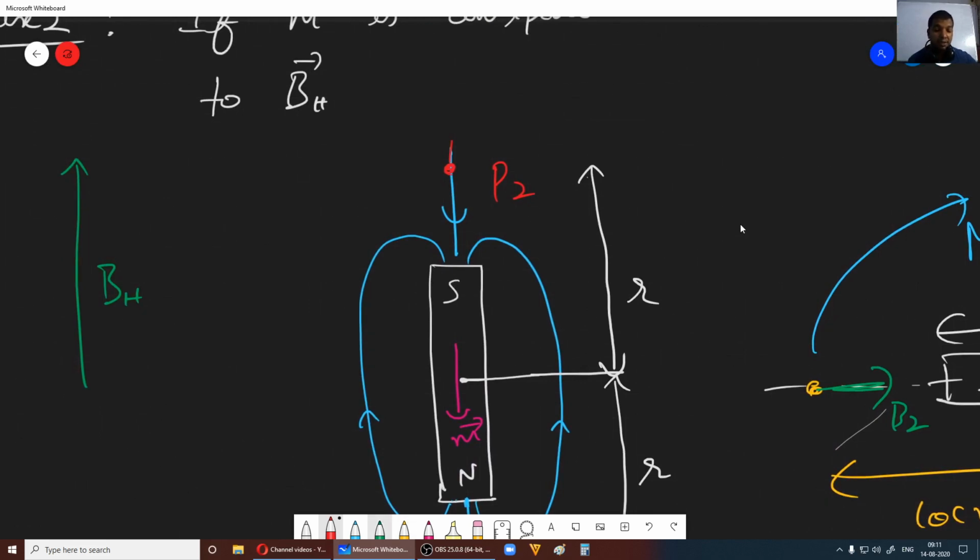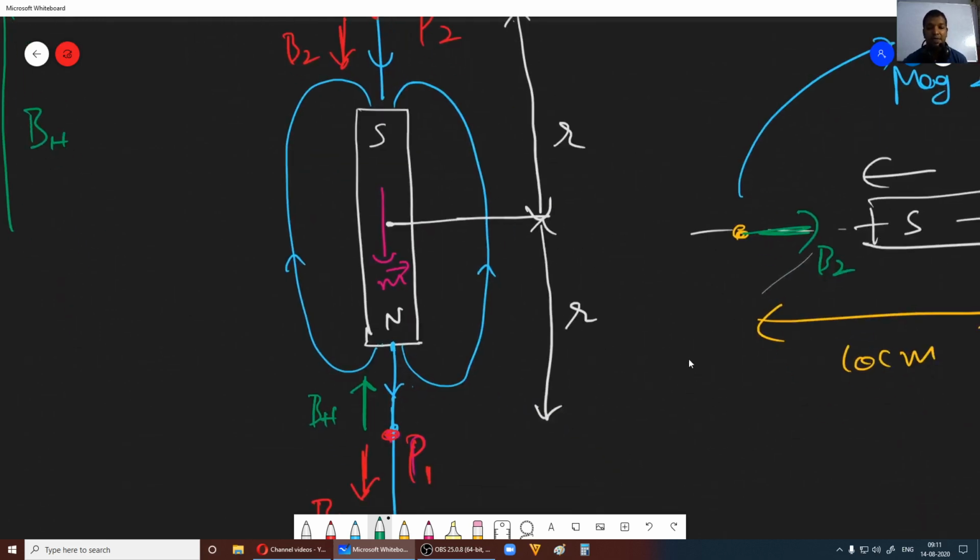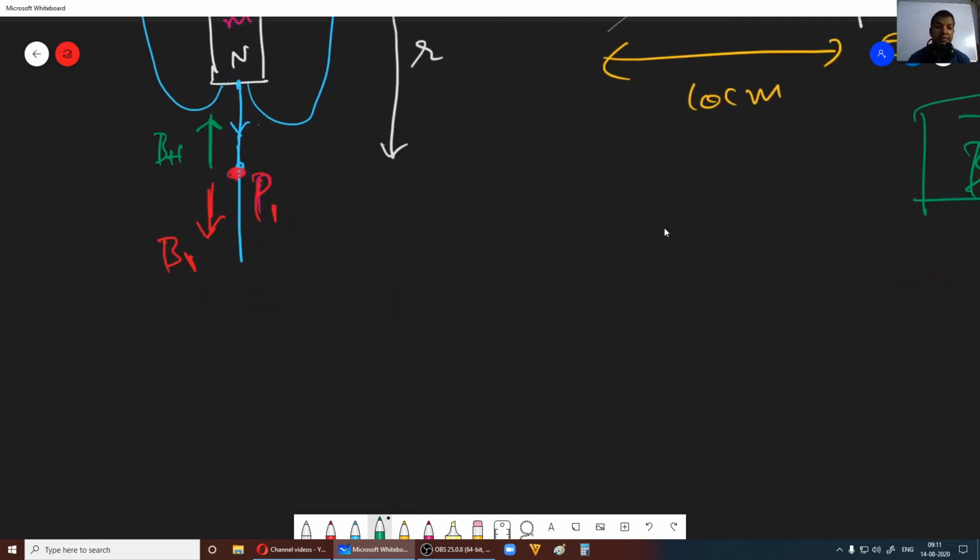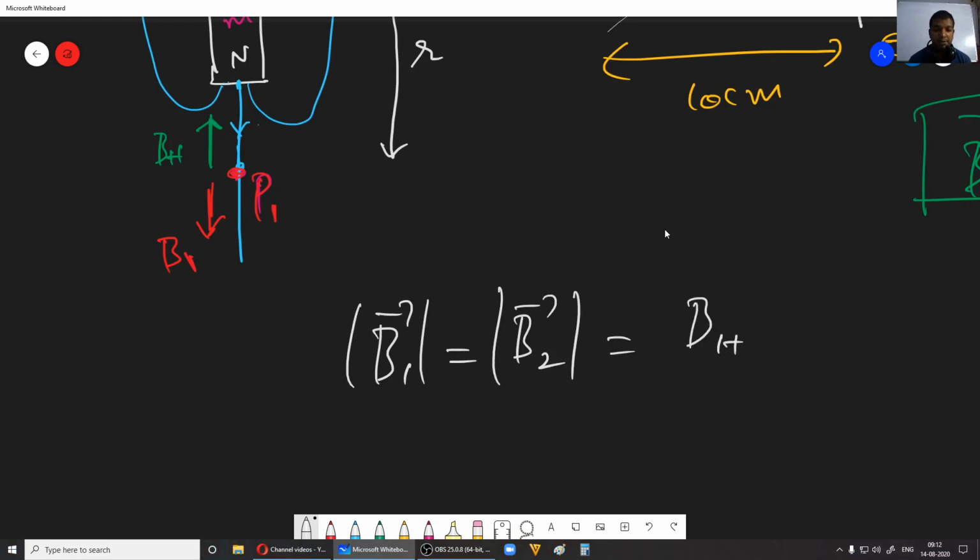So here you have B2, then BH at that place will be this way. If BH and B2 are equal in magnitude, they are opposite in direction as shown in the diagram, so you will get a null point there. So the magnetic field at B1 is equal to the magnetic field at B2, and that must be equal to BH.